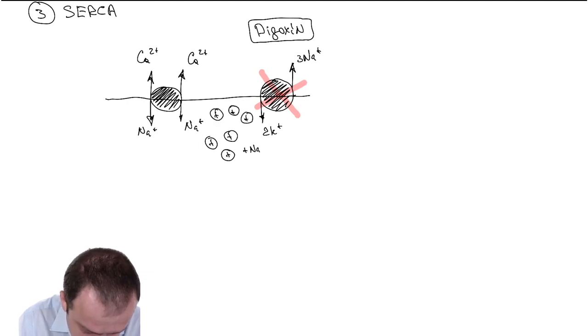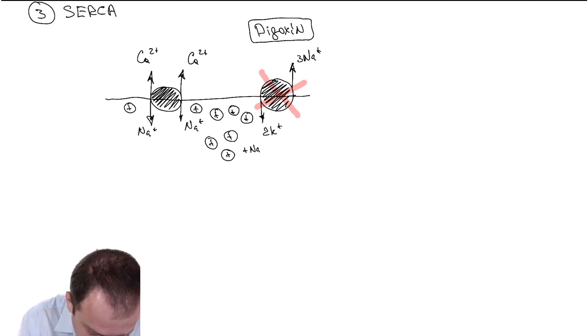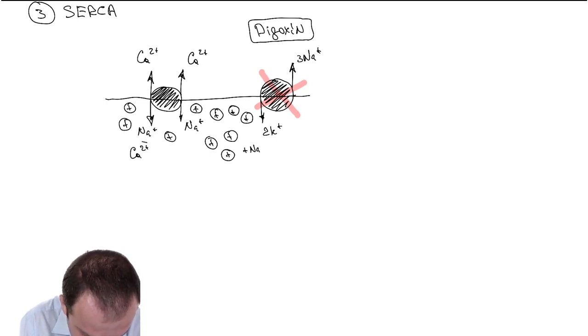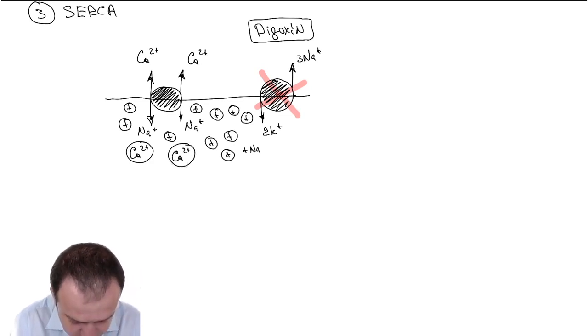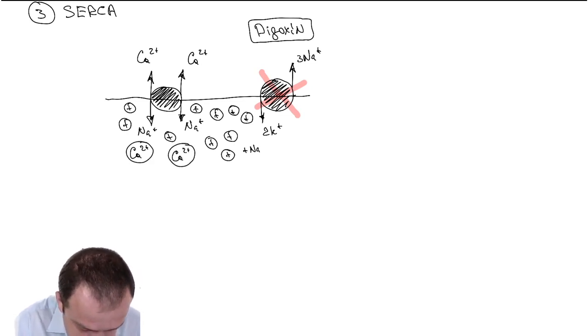So these sodium ions significantly affect the ability of this sodium calcium exchanger to pump calcium ions, as it's much more difficult to put more sodium inside the cell.